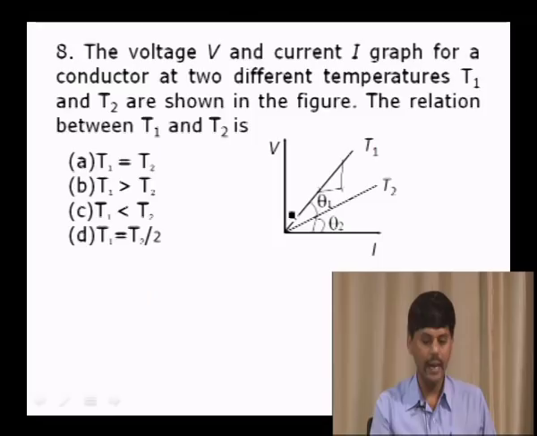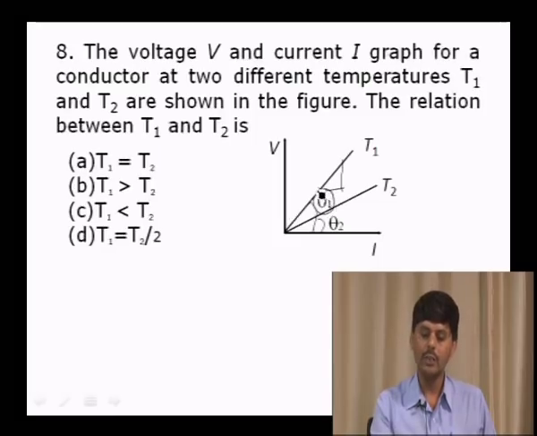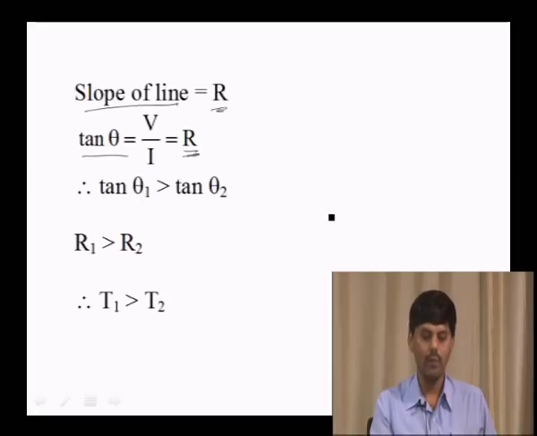From the diagram, theta 1 is more and theta 2 is less, therefore tan theta 1 is greater than tan theta 2. Since resistance is directly proportional to tan theta, R1 is greater than R2. The one with the higher temperature definitely has higher resistance. Therefore, T1 is greater than T2. The correct option for this question is B.